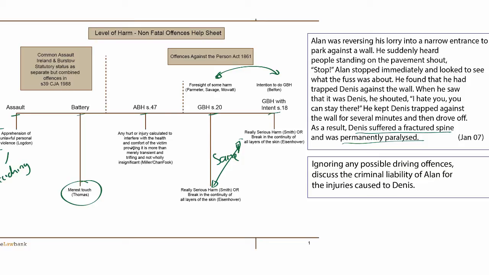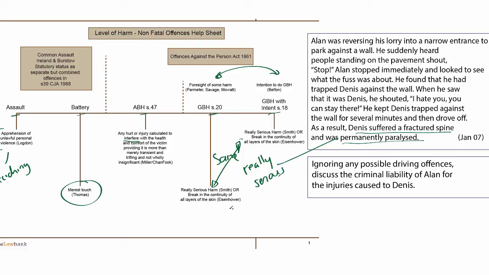Is it a hurt or injury calculated to interfere, and that's the key word here, interfere with the health and comfort of the victim? Well, quite obviously, it's more than just interference. Dennis has a fractured spine and permanent paralysis, so that can only be really serious.